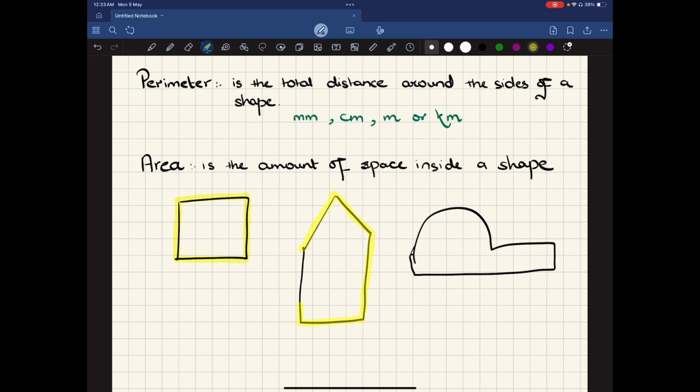Perimeter is the sum of all outer sides, right? What is the area? Area is basically the amount of space occupied by the shape. So this green thing is going to be the area. The space occupied by the shape.